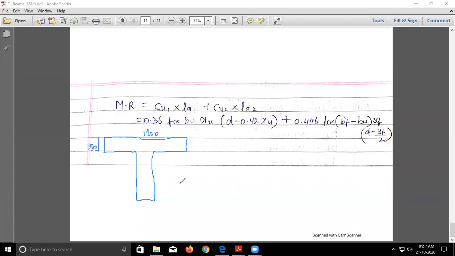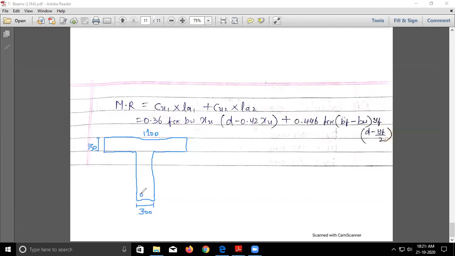Now what else is given? Width of the web is given, meaning this is my width of the web. How much is this? 300. What else is given? Effective depth is given to us, and also the AST is given.